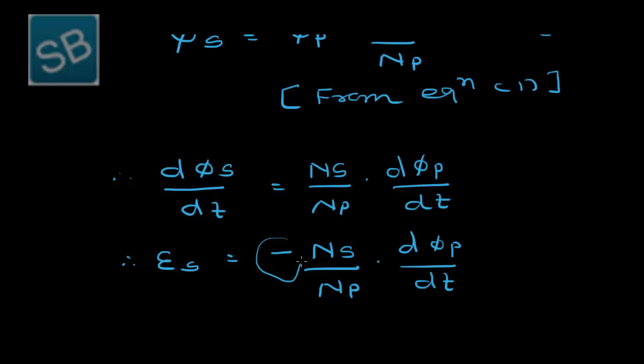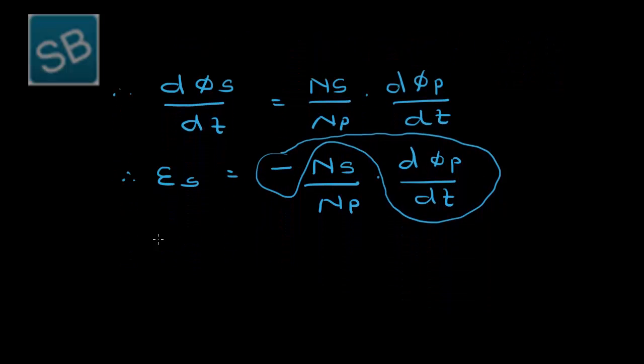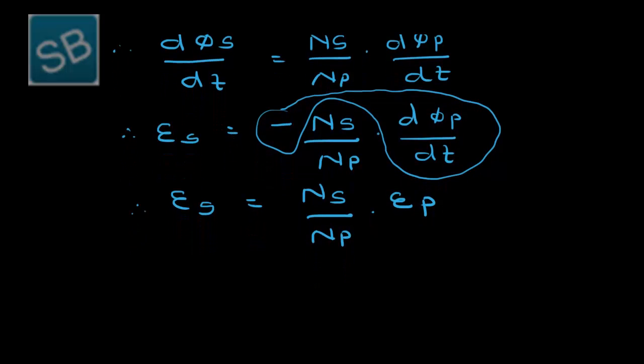But from equation number 2 we have epsilon p equal to minus d phi p by dt, and therefore the induced EMF in the secondary coil is also related by this equation: epsilon s equals ns by np into epsilon p.